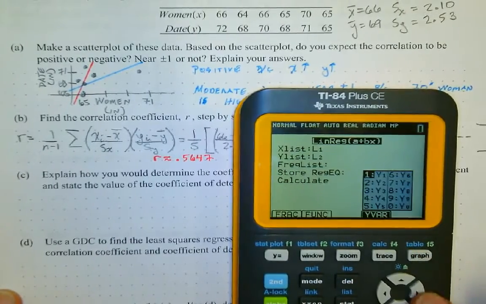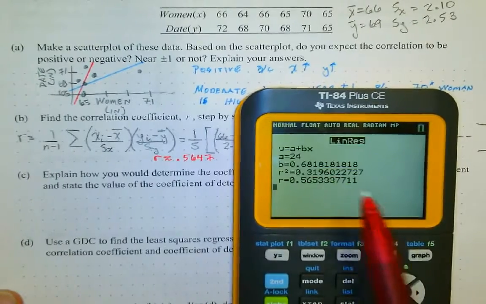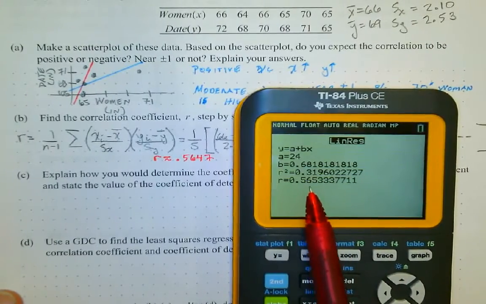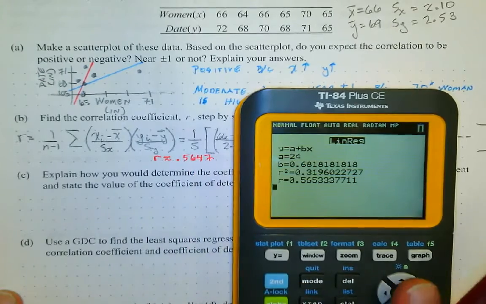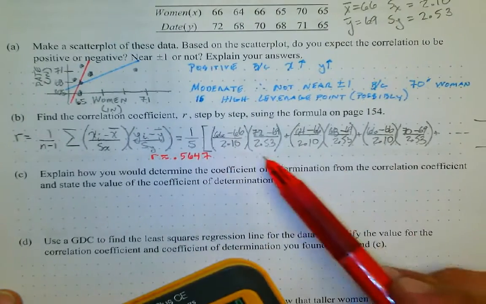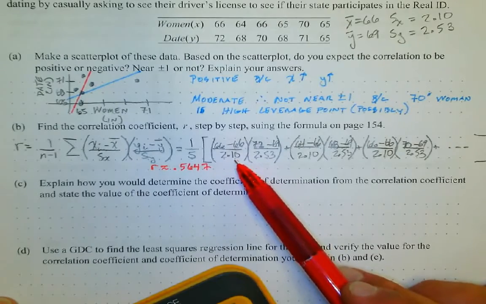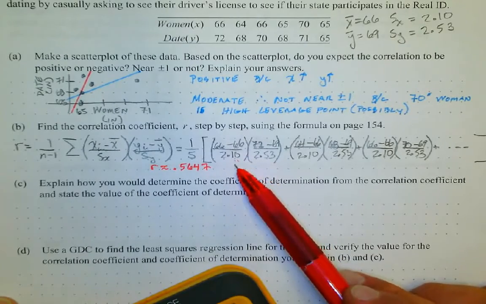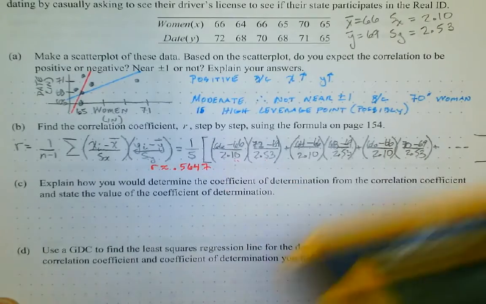I can store the regression equation into Y1, and if I come over here, I get 0.5653. Very close to my answer. The reason for the difference, of course, is in the rounding that we had for the standard deviation of X and the standard deviation of Y. So there's my r value.